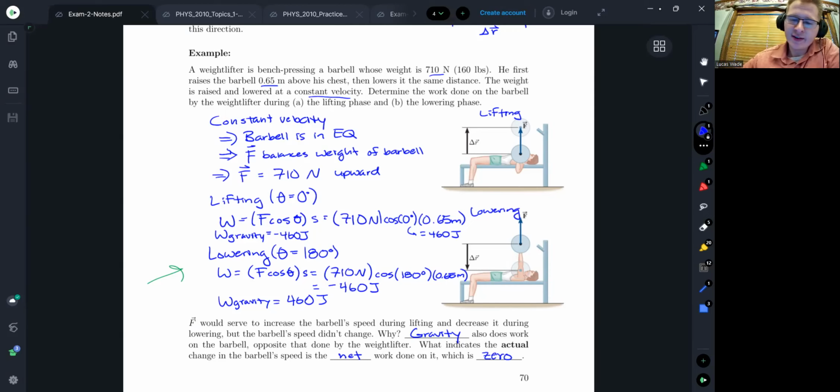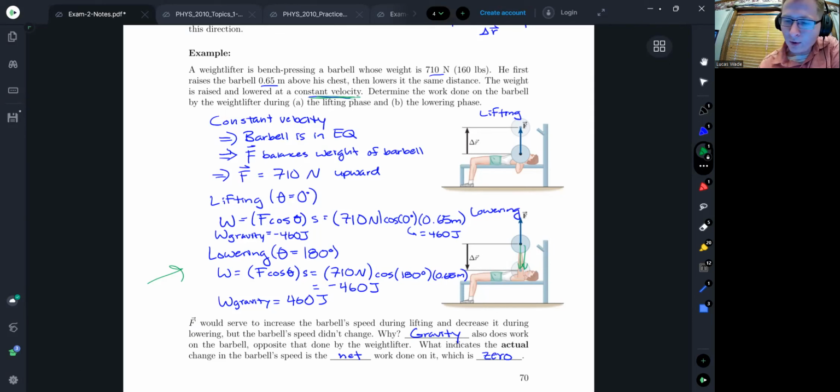Well, say it was down. Then that means that both you and gravity would be pulling down on it. You could do that. But for one, you might hurt yourself, break your sternum because you're trying to pull a heavy weight towards you while gravity is also pulling it. But in this case, it's also telling us that he's lowering it at a constant velocity.